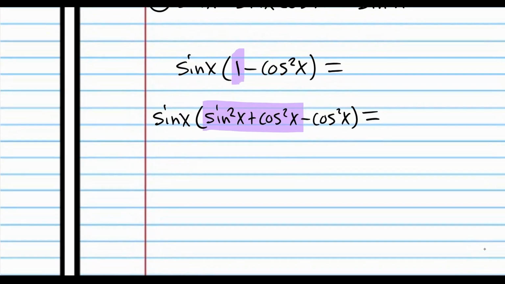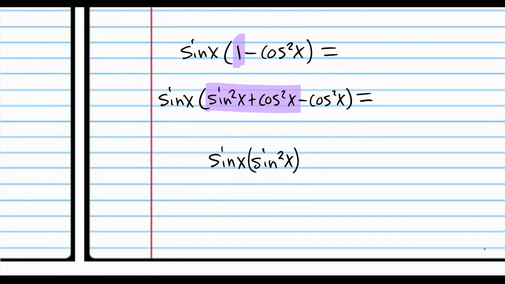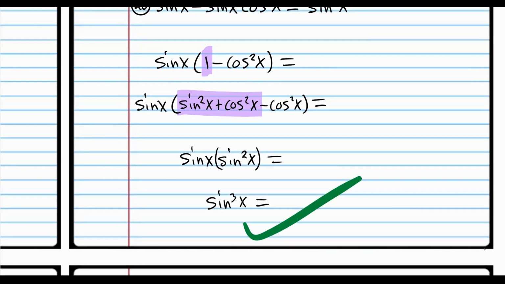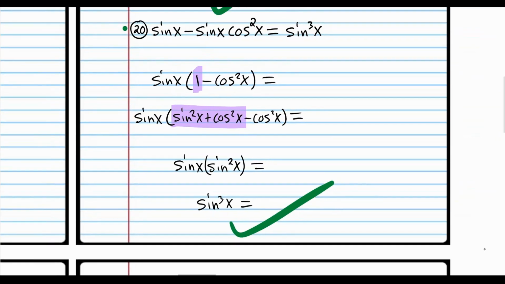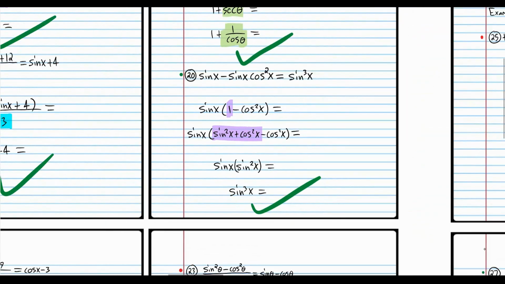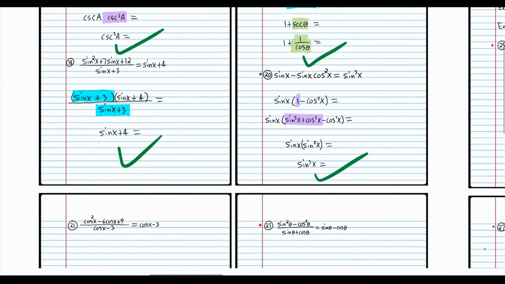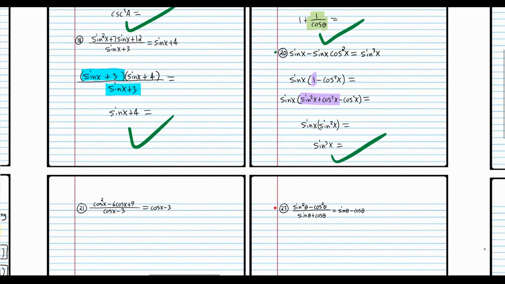And if you subtract the cosines, we're left with sine x times sine squared x. You don't really have to write the parentheses, but you can if you want to. And then we're left with sine cubed x. And there you go. So we proved it. If you got that one right, good job. That was an example of factoring the GCF, the greatest common factor.